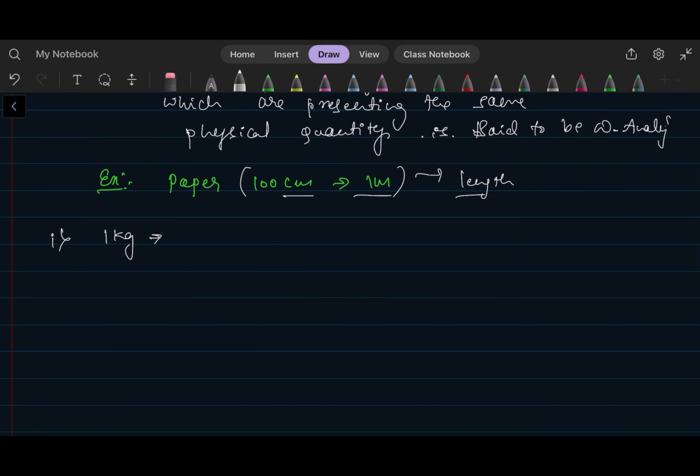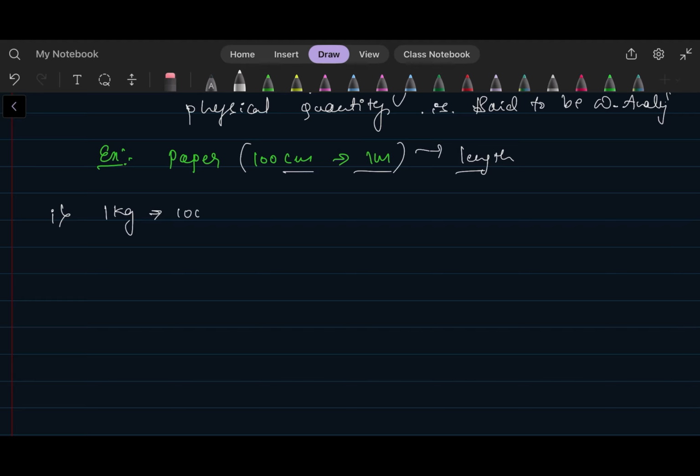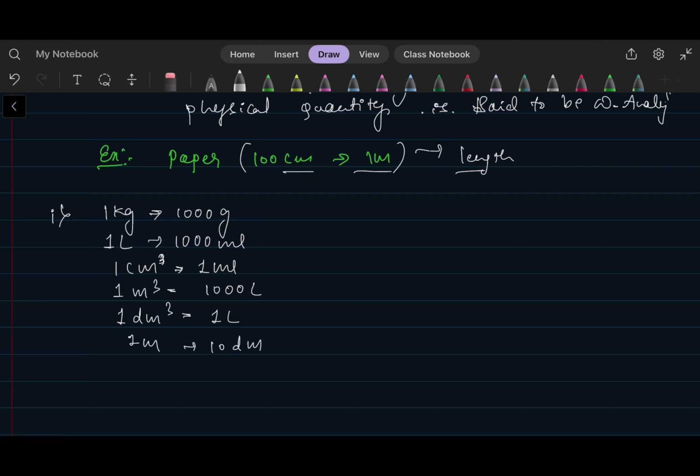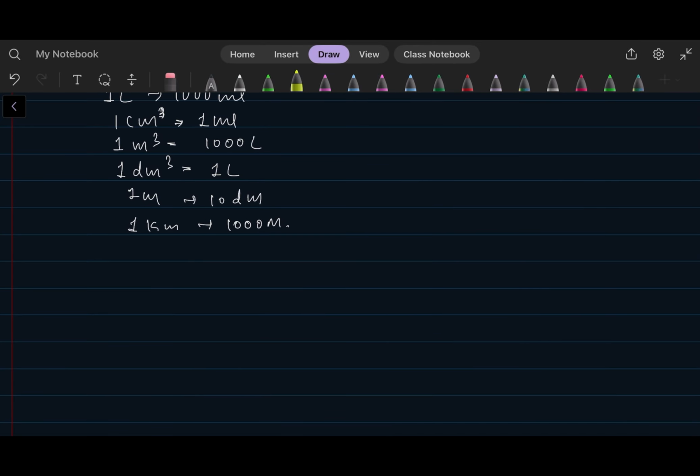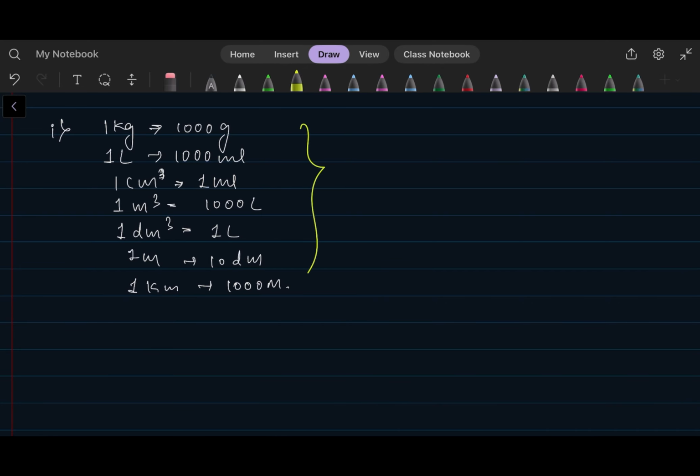So we'll go with the first basic things: 1 kg is nothing but 1000 gram, 1 liter is nothing but 1000 ml, 1 centimeter cube is nothing but 1 ml, 1 meter cube is nothing but 1000 liter, 1 dm cube is nothing but 1 liter, 1 meter is nothing but 10 decimeter, 1 kilometer is nothing but 1000 meter. This is how we can convert one unit into another unit. If we know all these things, only then can we convert.